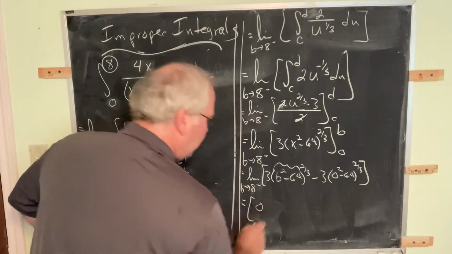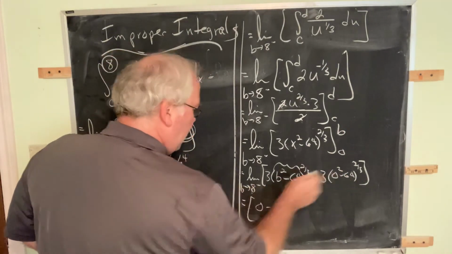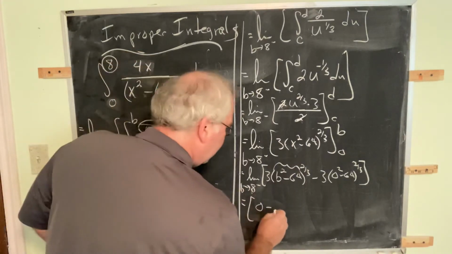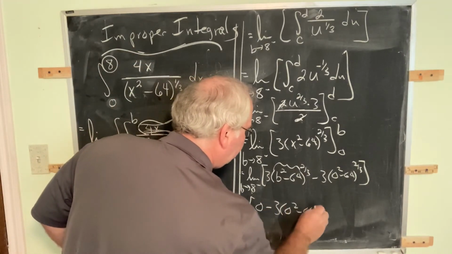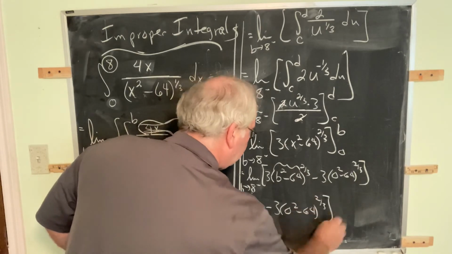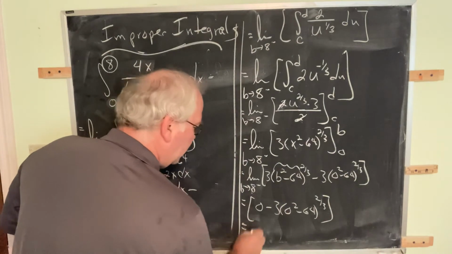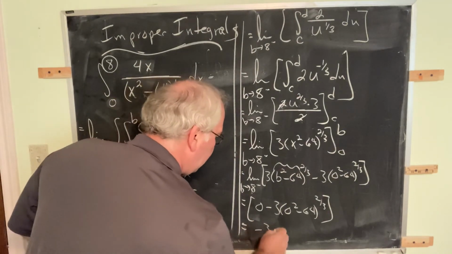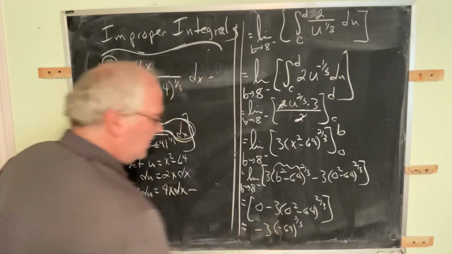So this is 0 minus. Now evaluate this. Well, that's a constant. This is 3 times (0 squared minus 64) to the 2/3, which is negative 3 times negative 64 to the 2/3 power.